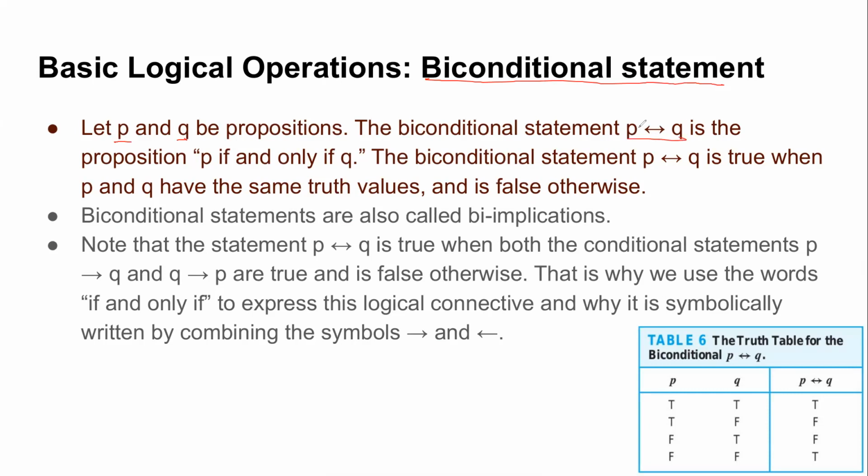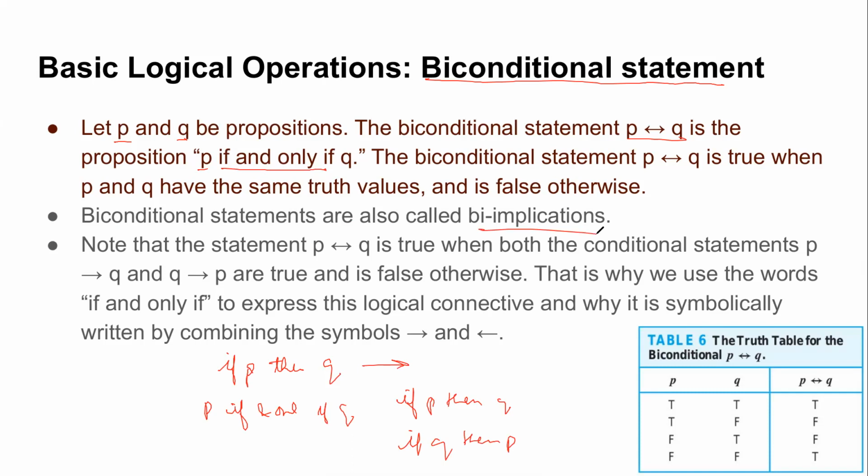It is named P if and only if Q. Normally you have if P then Q, when we have a single implication, but here it means P if and only if Q. In other words, it is the combination of if P then Q as well as if Q then P. It's a combination, or bidirectional implication, of both the implications, when you take one of them as hypothesis and the other as the conclusion.